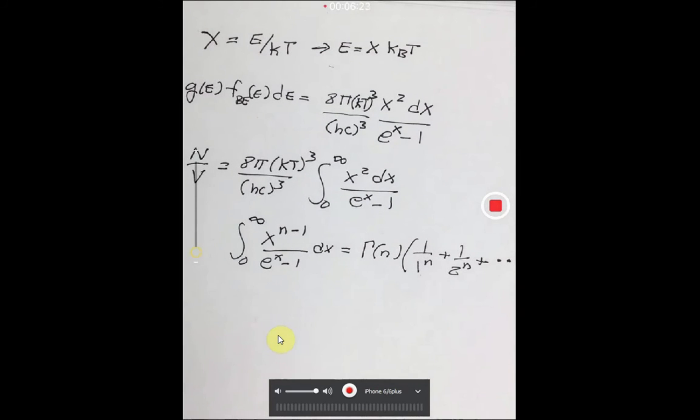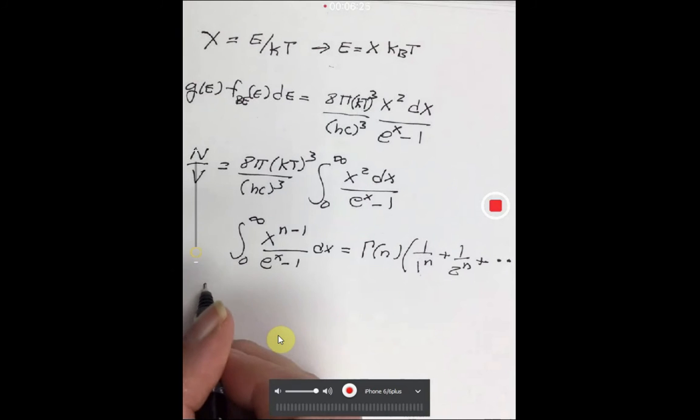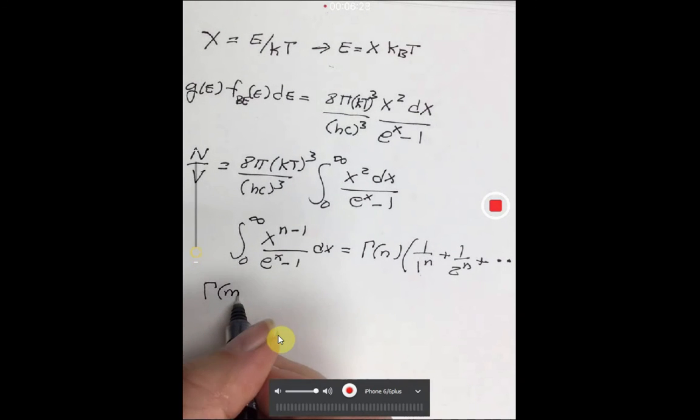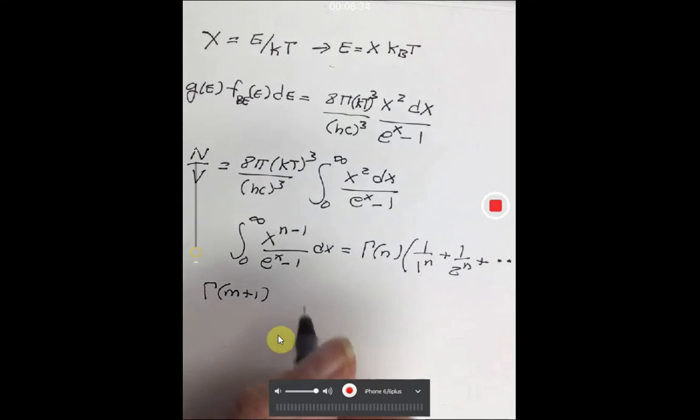Now the other thing that we'll need to do this is, if you have the gamma function, I'm going to use something else other than n here. Gamma of m plus 1, that's the same as m factorial.